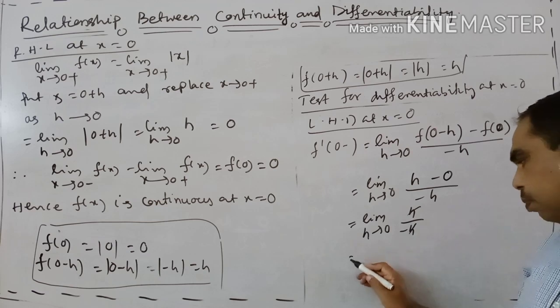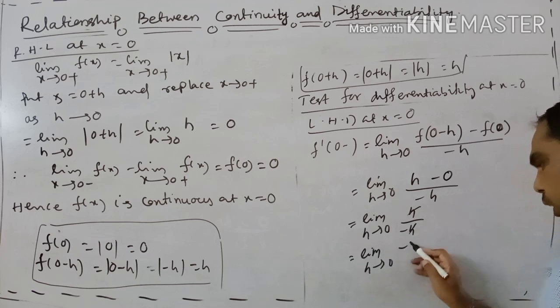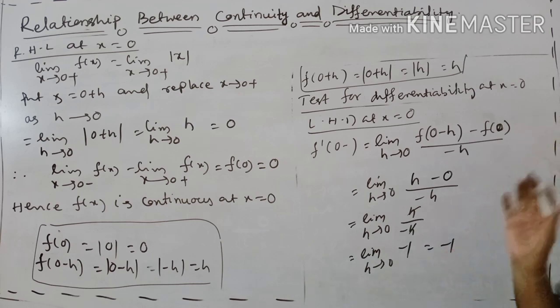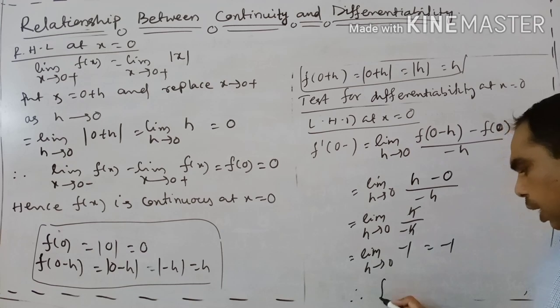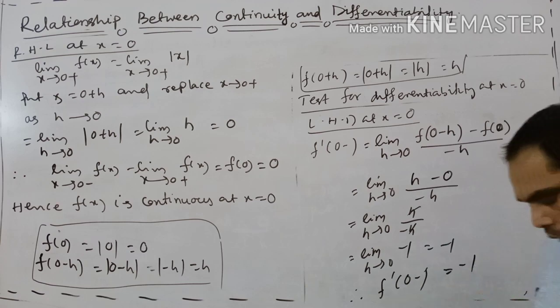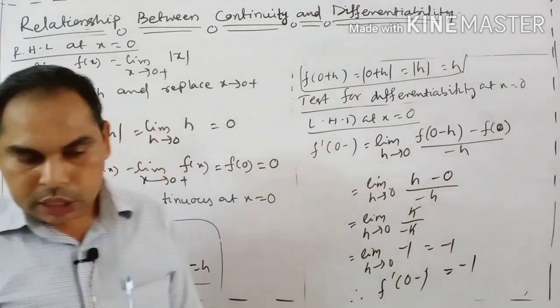h cancels, so it is equal to limit h tends to 0 of minus 1. The limit of a constant is the constant. Therefore f dash 0 minus is equal to minus 1. This is the LHD at x is equal to 0.